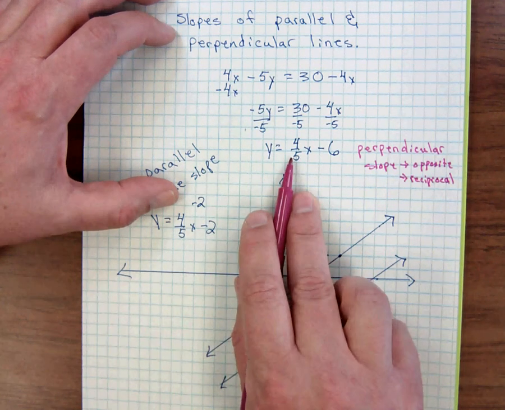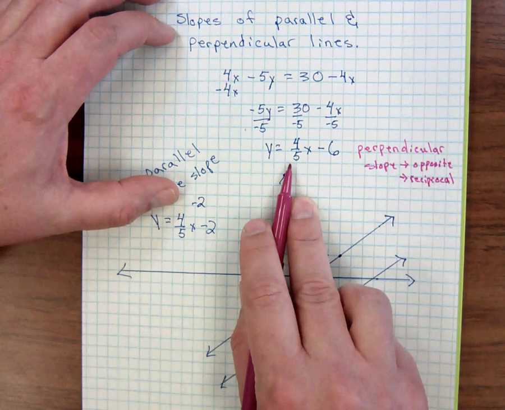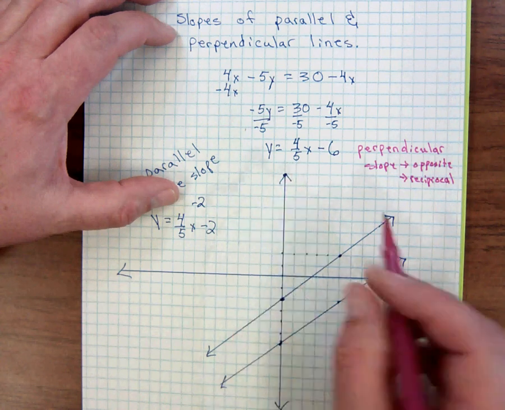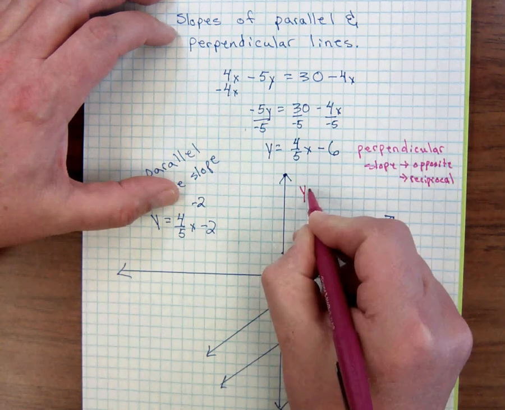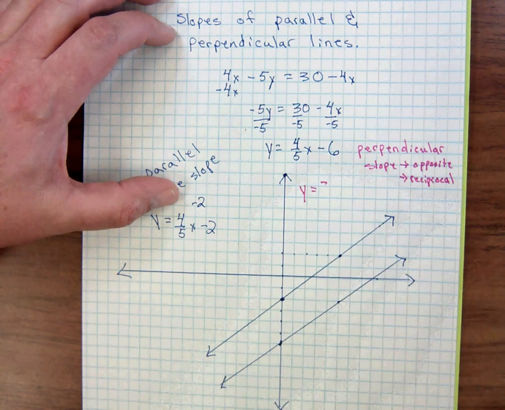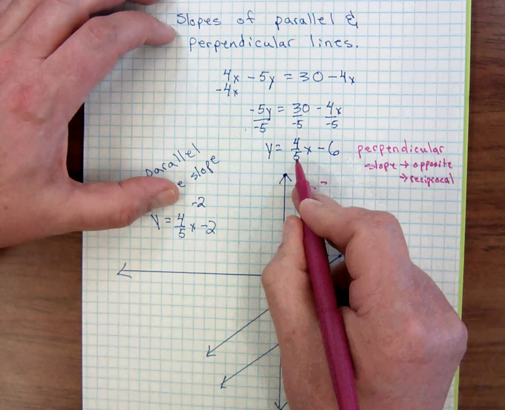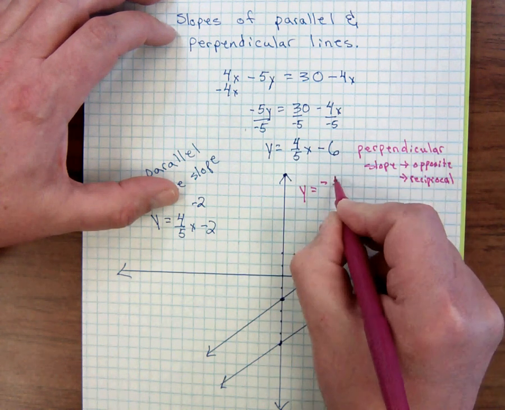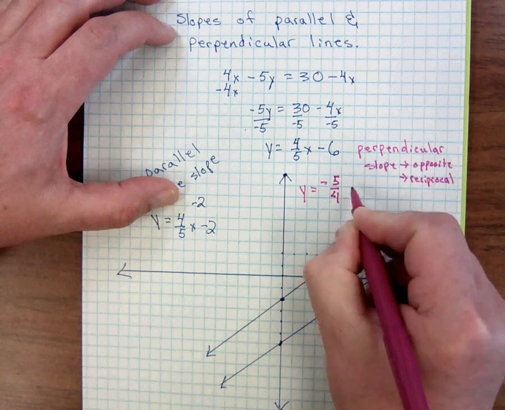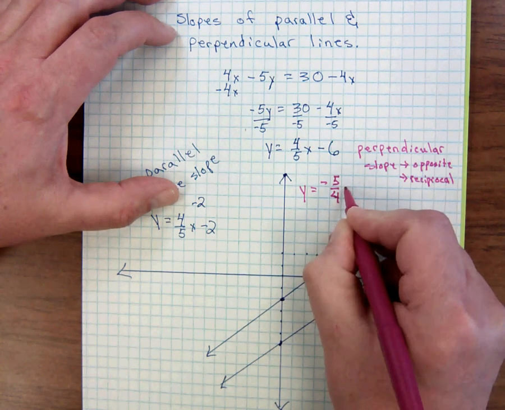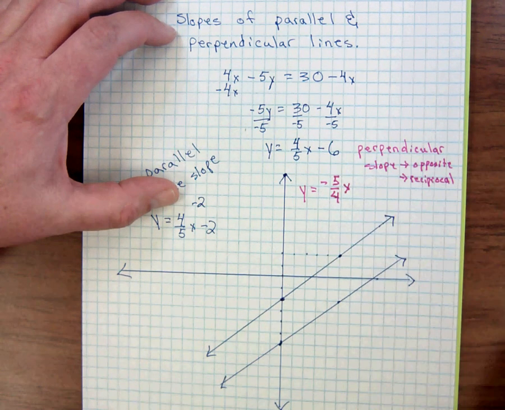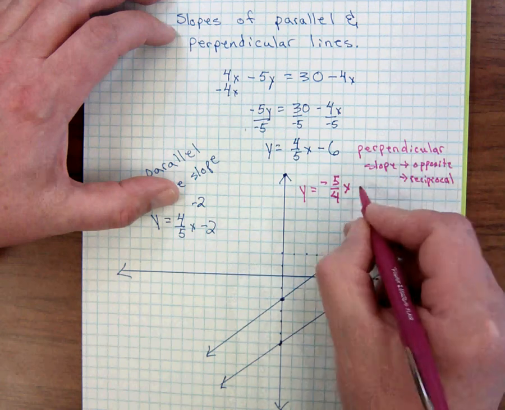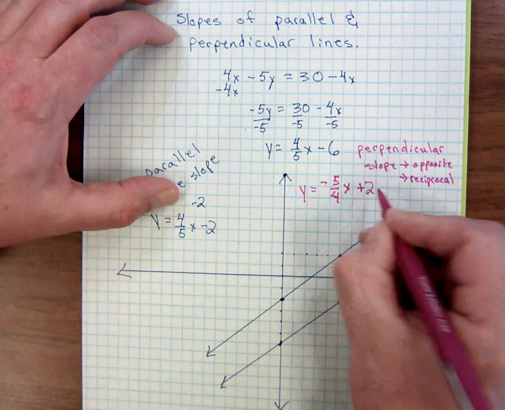So we have a positive 4/5, so the opposite of that is a negative slope, and the reciprocal of 4/5 is 5/4. So we have a slope of -5/4, and again, now we can choose our y-intercept. In this case, let's go to the positive side, let's go +2.